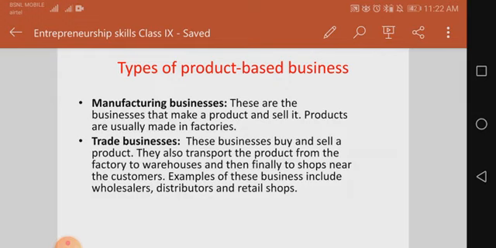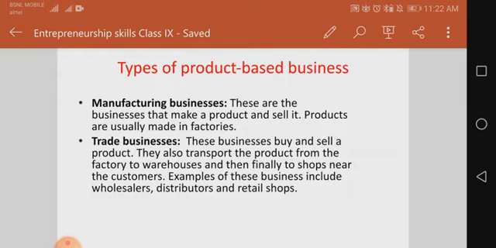Products are usually made in factories, so it's called a manufacturing business. And trade business: these businesses buy and sell a product. They also transport the product from the factory to warehouses and then finally to shops near the customers. Examples of these businesses include wholesalers, distributors, and retail shops.